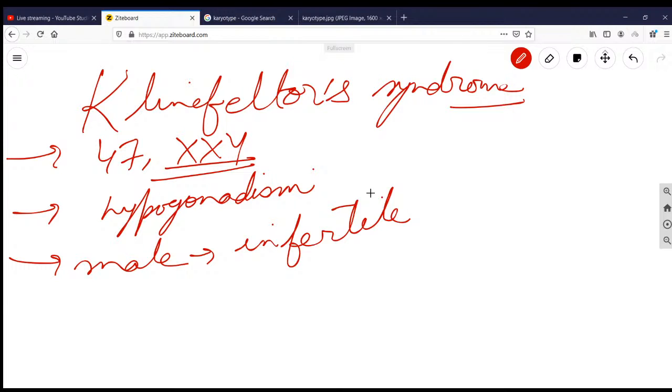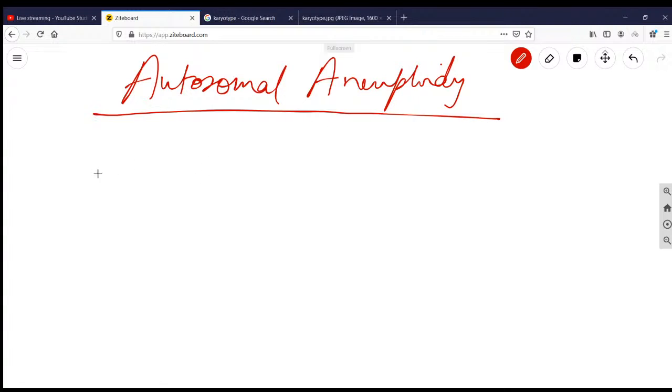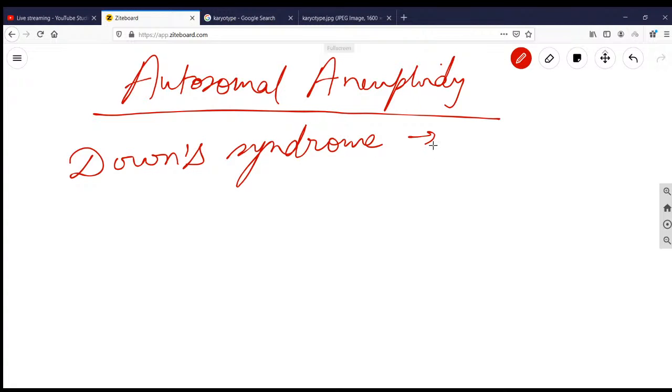Then if we come to autosomal aneuploidy, what we have is Down syndrome. This can come in the entrance or some other objective questions. It is written as 47, trisomy, plus 21.